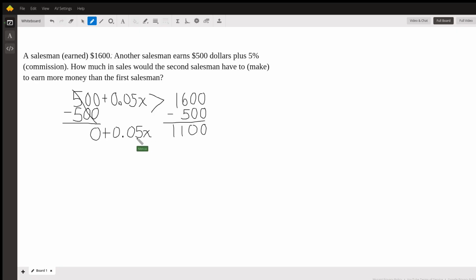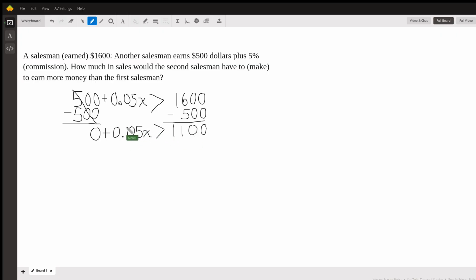And I know this is multiplication because when I have a coefficient, in this case 0.05, next to a variable, in this case x, the indicated operation is multiplication. So let's not forget to bring down our inequality symbol, still greater than. I'm looking for this to be greater than $1,100. 5% of a number has to be greater than $1,100.